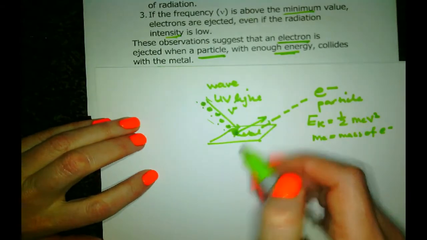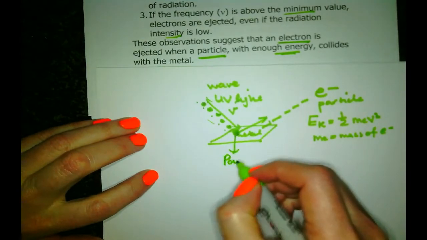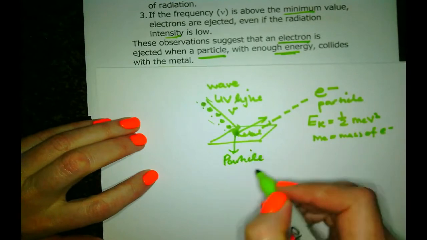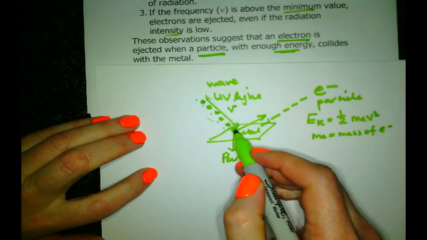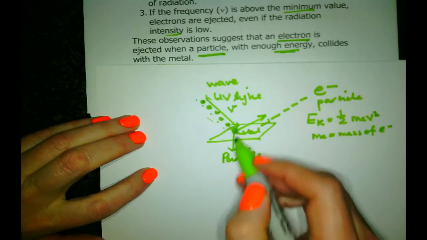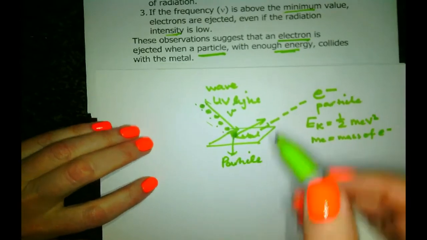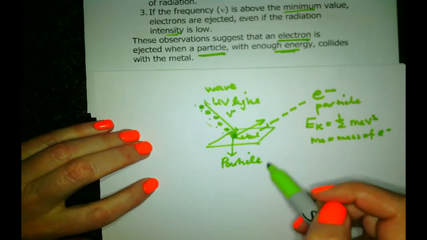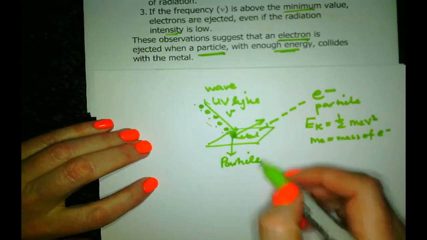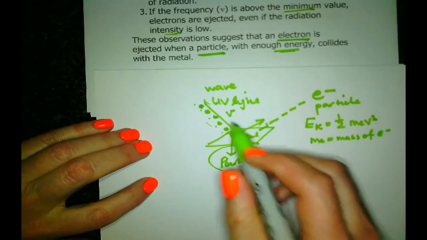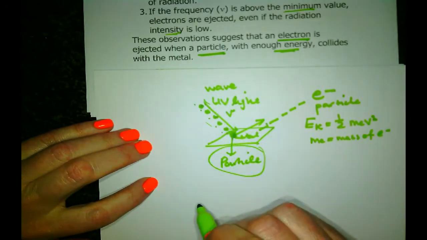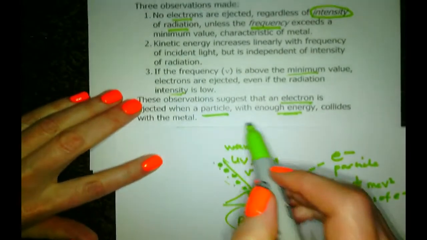So that's where the idea of light being a particle comes in, because a wave cannot kick out an electron, only a particle can do that through a collision. So that's the first conclusion that we can draw from this experiment, that light is a particle. And then how do we explain these other observations?